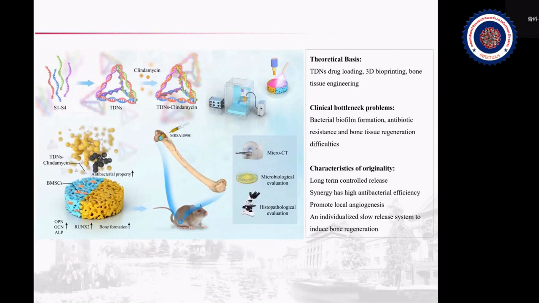Through bone tissue engineering and 3D printing technology, this project aims to build an individualized slow-release biological scaffold that can be long-term controlled release, collaborate with high antibacterial agent, promote local angiogenesis, and induce bone regeneration.